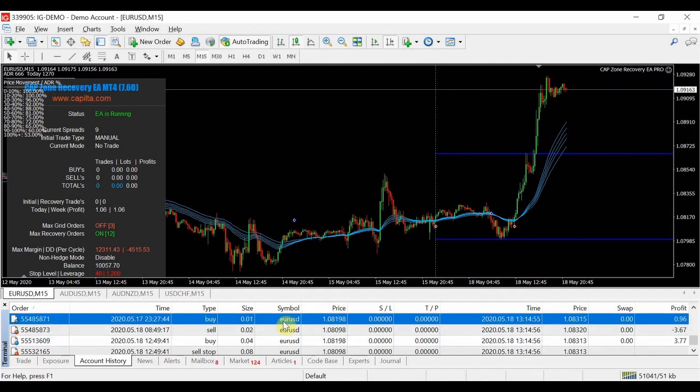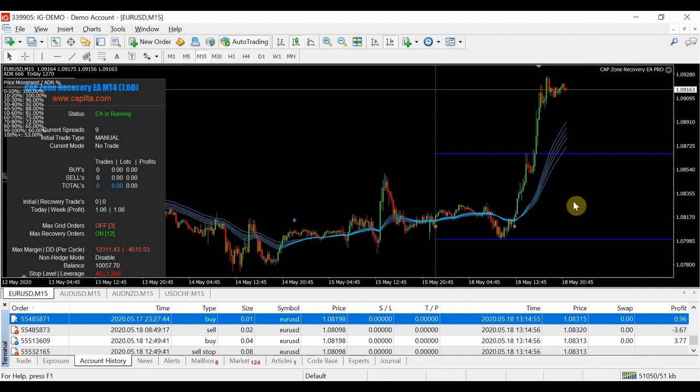I'll be honest, at the beginning I was kind of worried because we had a ranging session during Asia, which wasn't doing much, and it opened a sell trade around the London open, went down in my favor, pretty much tapped its take profit target, unfortunately didn't hit it, and then around 1 o'clock decided to go in the opposite direction. Around 1:15, just after lunchtime in the London session, it managed to go up and absolutely smashed it out.